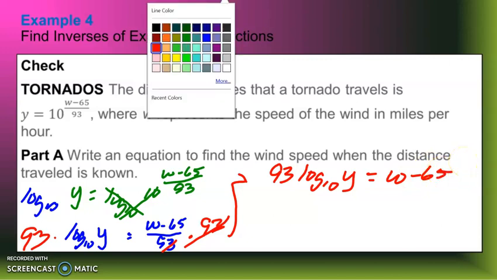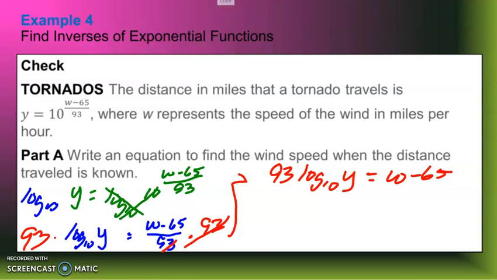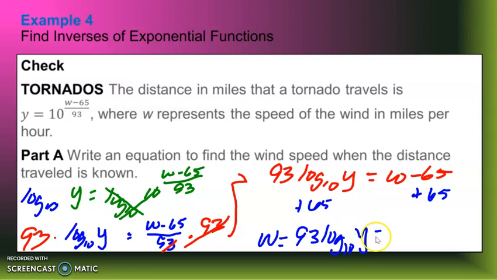And my final step, just to get my w by itself, I'm just going to add 65 to both sides, and I would have w equaling 93 times log base 10 of y plus 65. And this would be my equation.